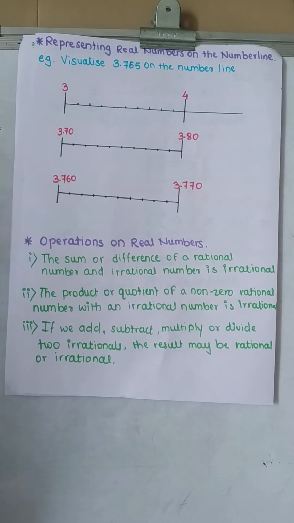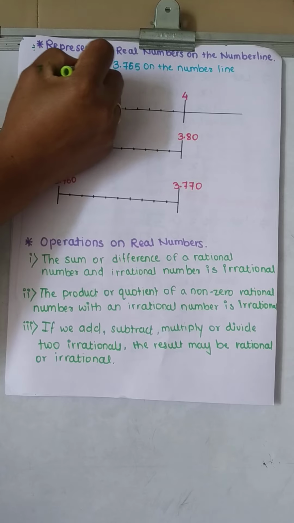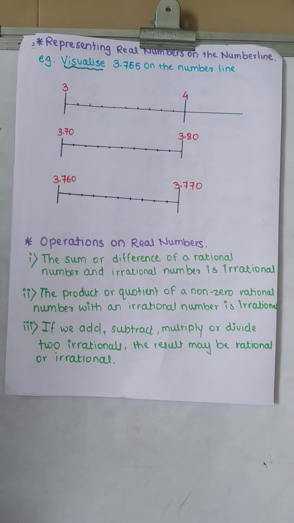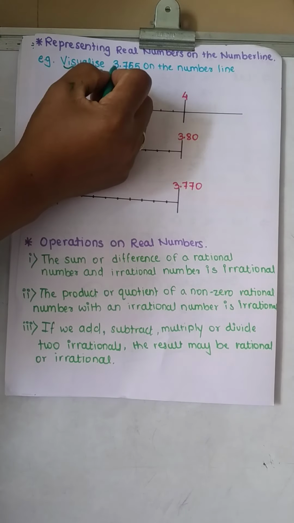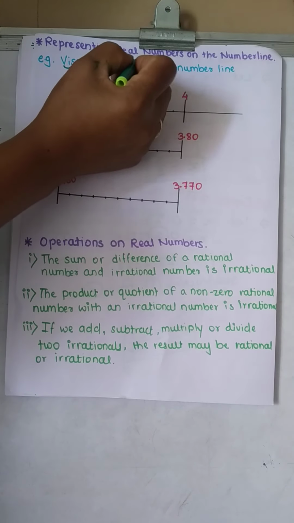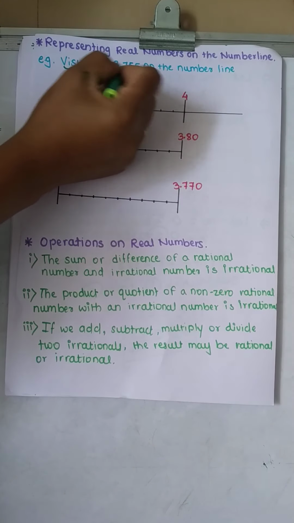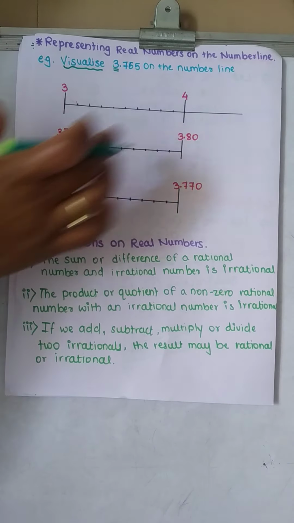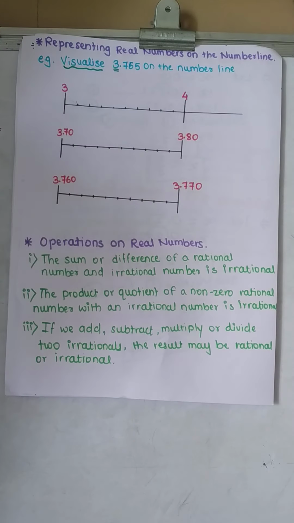Let us see how to represent a real number on the number line. Here we visualize, so whenever we visualize, we show that number on the number line. How? 3.765 on the number line. First of all, 3.765 lies in between 3 and 4.